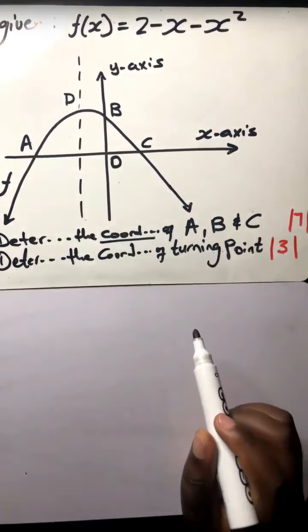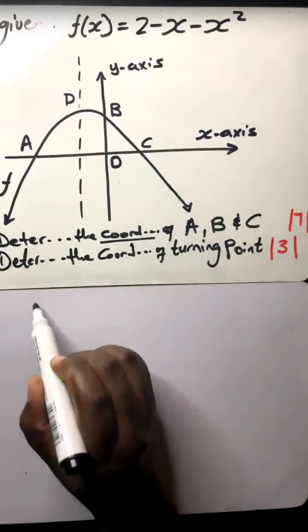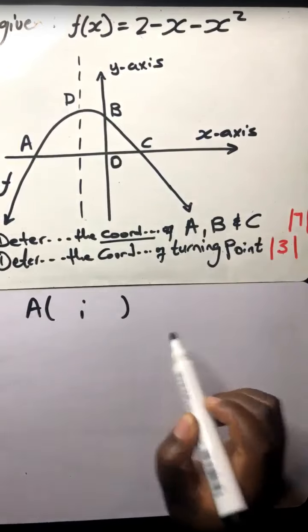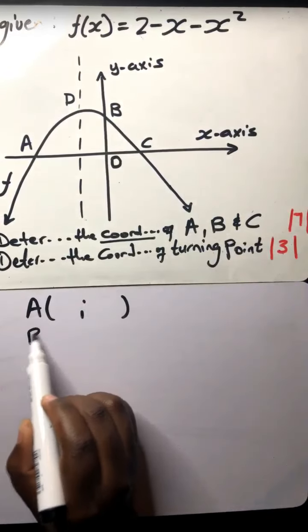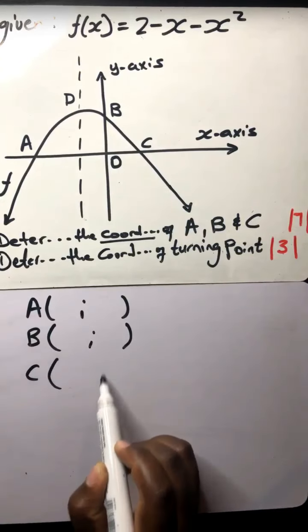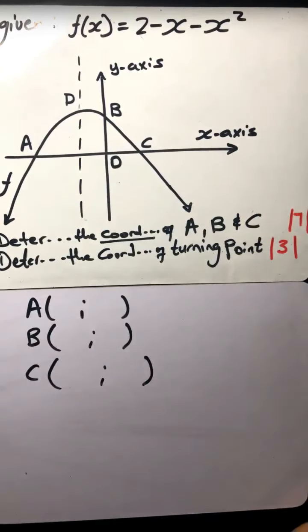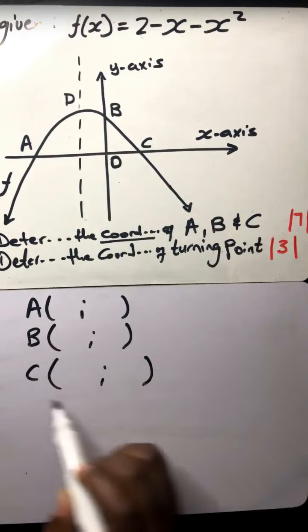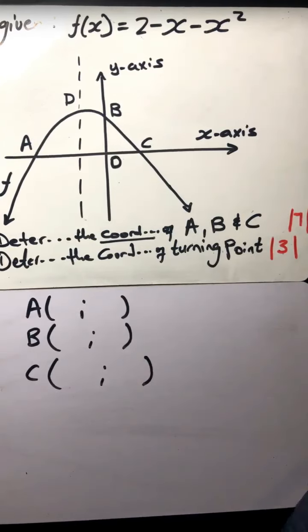So let's see. Do we know something about A? Do we know something about B? Do we know something about C? This is my question to you guys. For A, the x value is 0, and for B, the y value is 0.